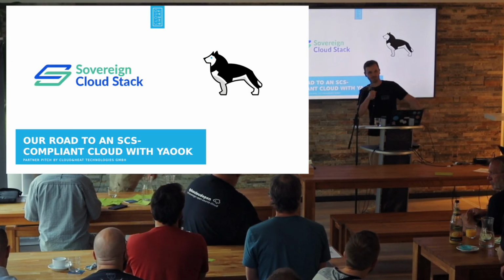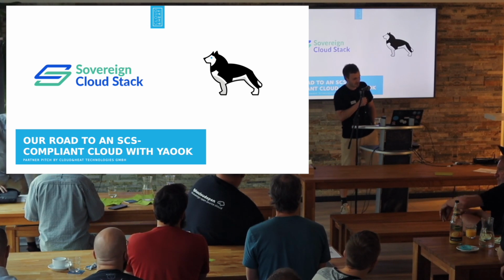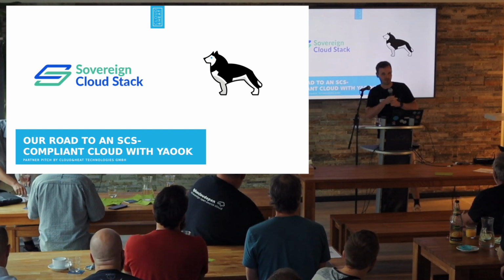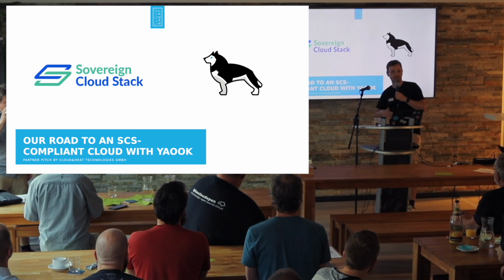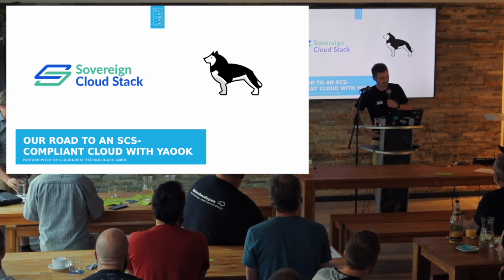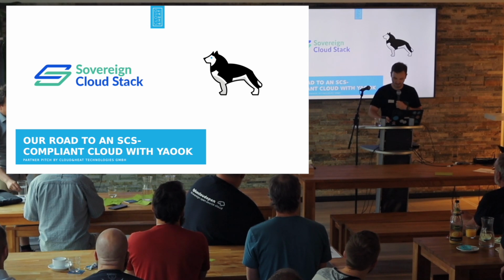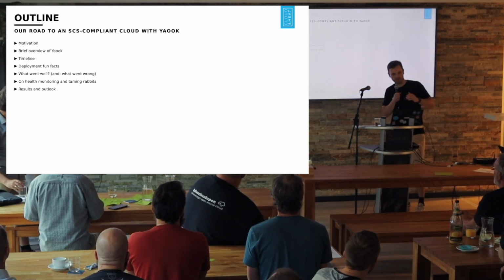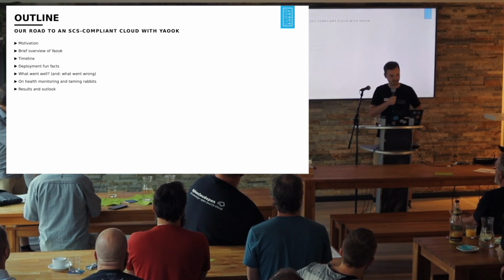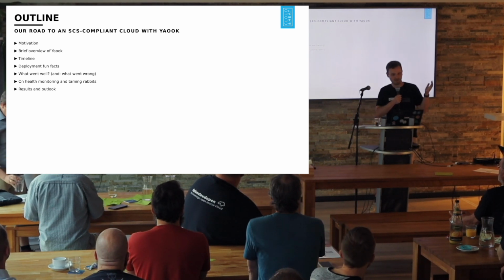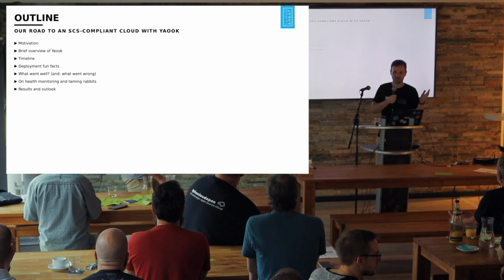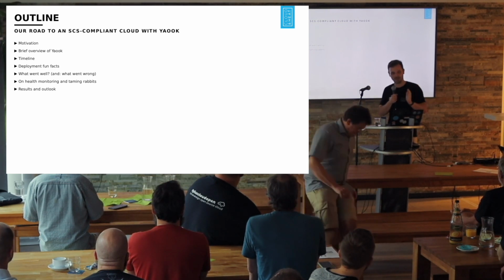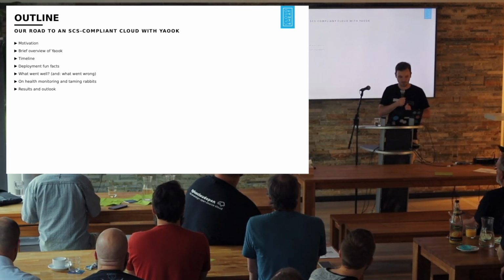So again, I'm Martin, working for Cloud and Heat Technologies GmbH. And today I want to take you on a journey or experience report with us setting up an SCS-compliant cloud with Yaook. So what I'm going to cover in the next 18 minutes, of course, why did we do this? Then maybe not everybody of you will know what Yaook is about. I will have a quick recap of it and give you a quick overview.